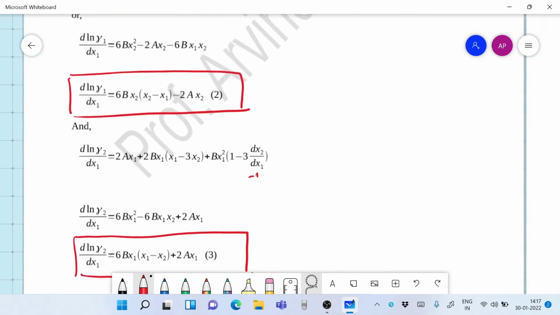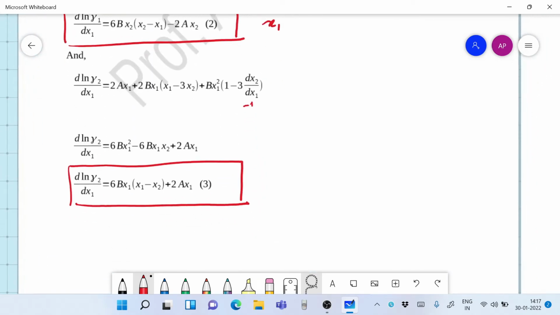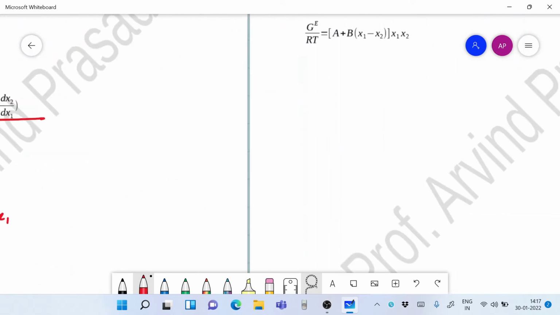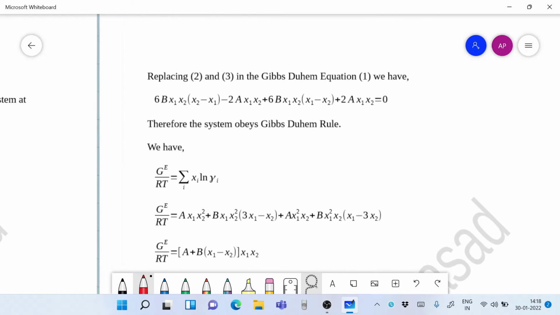Now multiply equation 2 with x1 and equation 3 with x2 and add them. So let's go here. It's just like replacing d ln gamma 1 by dx1 and d ln gamma 2 over dx2 in the Gibbs Duhem equation. It's the same and we get this expression.